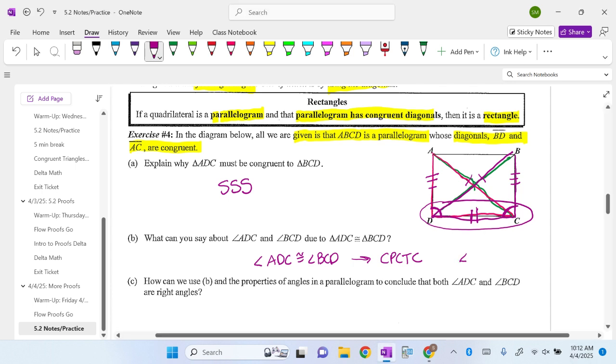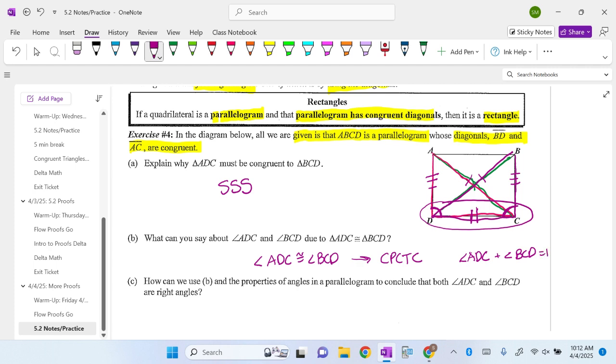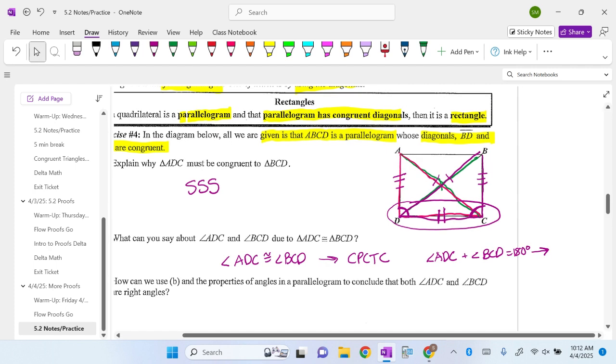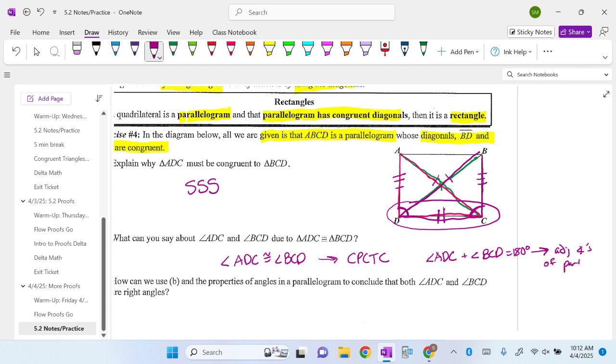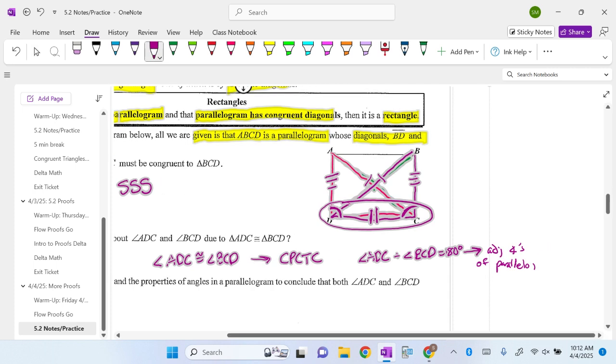So on top of that, this angle plus this angle is equal to 180 degrees because adjacent angles of a parallelogram are supplementary.